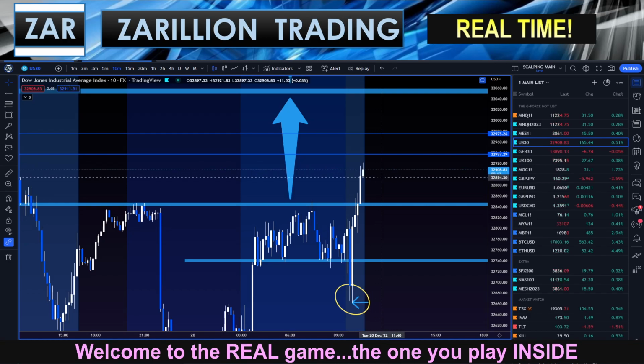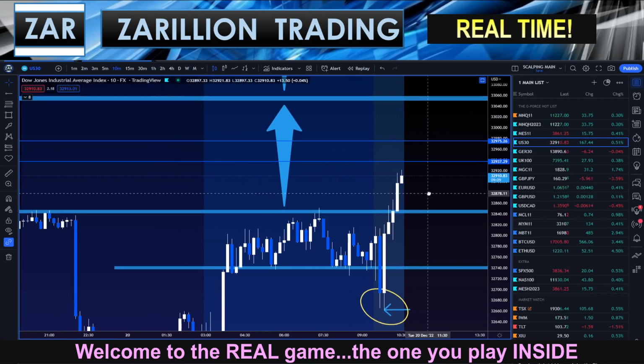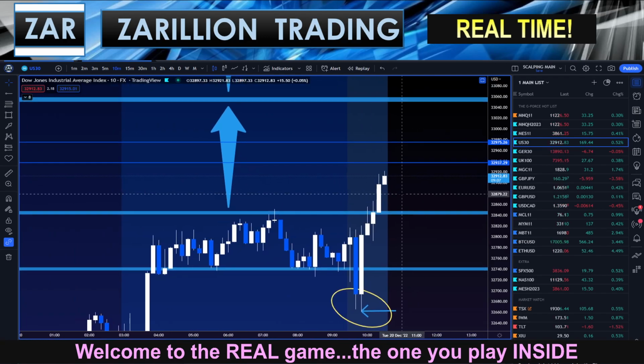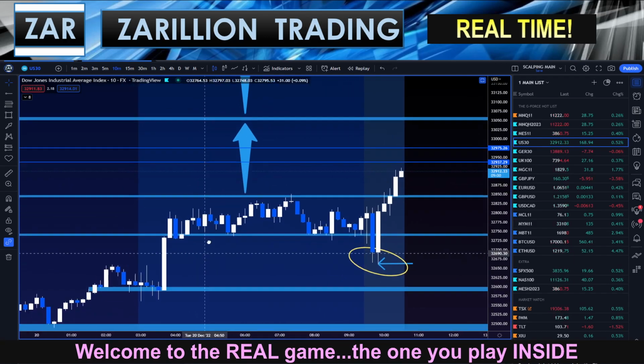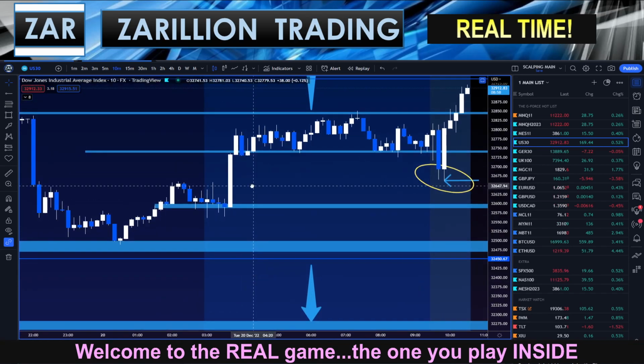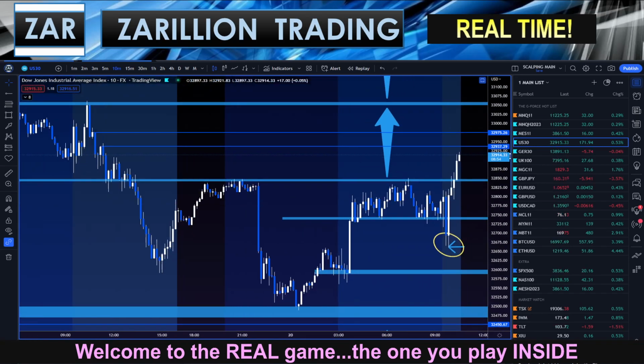If you go back to my avoiding a fake out checklist, one of the things is: is the current move overextended or overly extended? And the answer is yes on this one, right? Because this leg, this impulse wave, is significantly longer than all the other ones in this session, even this one here, right? This one's pretty close, but you get the idea. So on a relative basis.